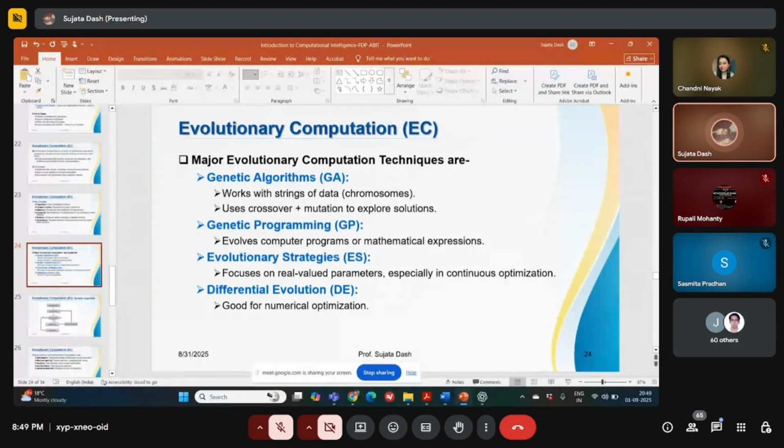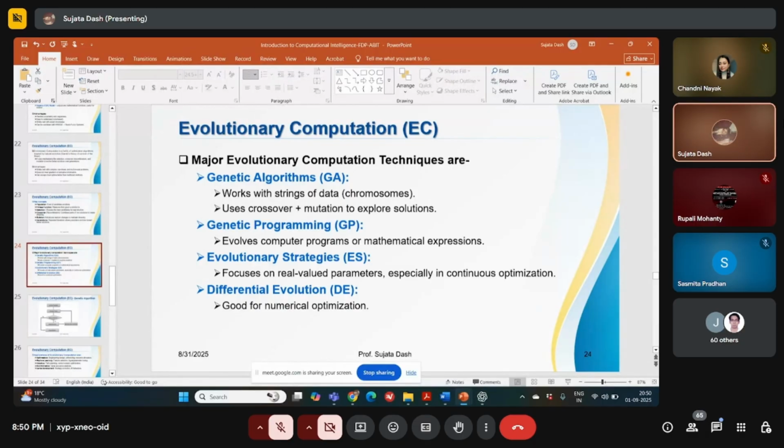Then the second one is genetic programming. It extends the genetic algorithm to evolve complete programs or sequences instead of fixed length strings. And here the solutions are represented as trees. And evolution strategies focus more on self adaptation of strategy parameters like mutation rates, and typically use real valued vectors.